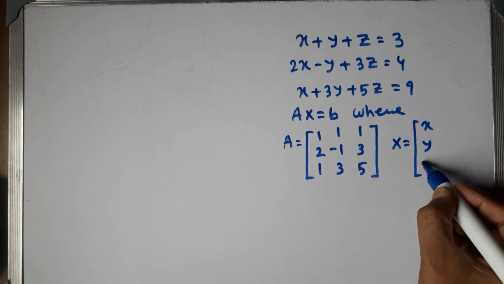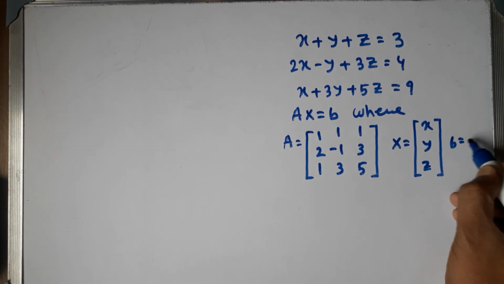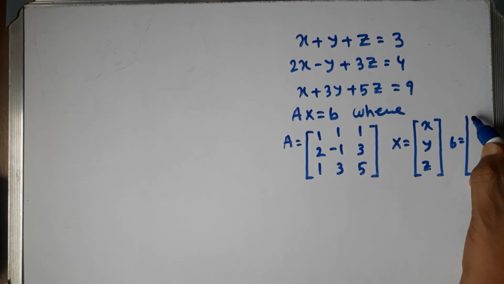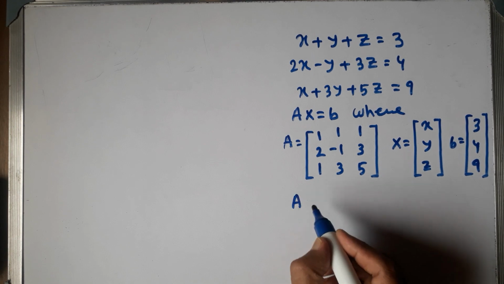x, y, z, and small b is equal to 3, 4, 9. This is small b. Here we shall define a new matrix which is known as augmented matrix.